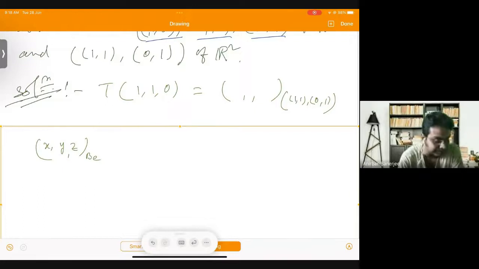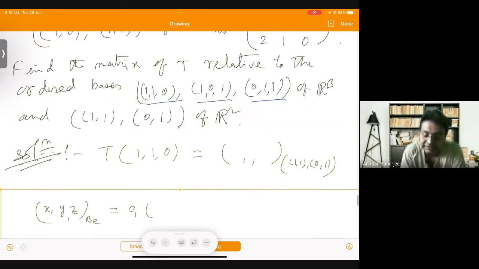Now we can express this with some constants, with respect to the given coordinates.